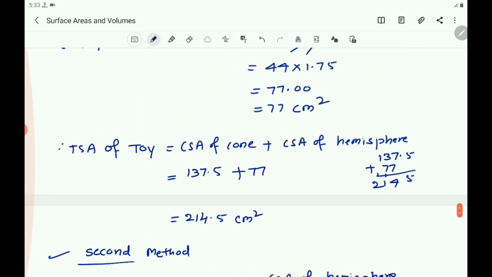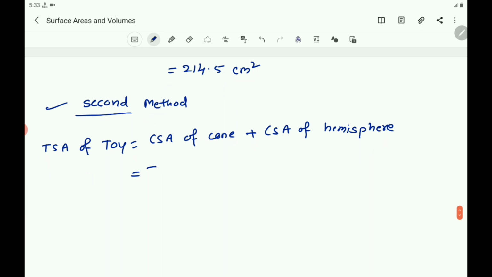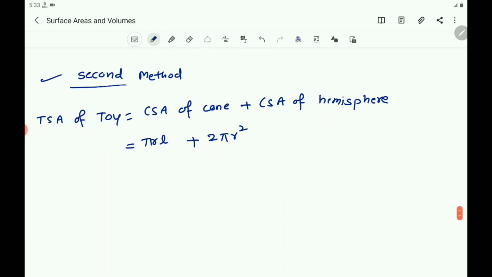TSA of toy equals CSA of cone plus CSA of hemisphere. CSA of cone, you write the formula, that is pi r L, plus CSA of hemisphere, 2 pi r square. Here the radius is the same, so you can directly write the same symbol r. Otherwise you have to take different r's.